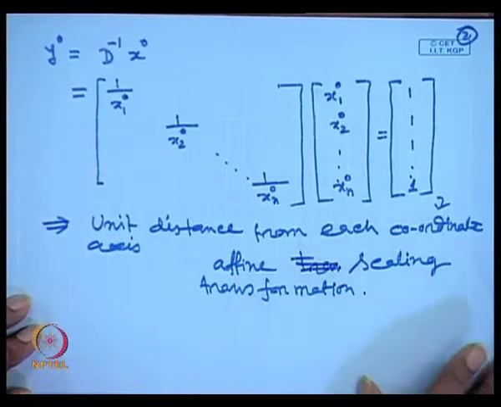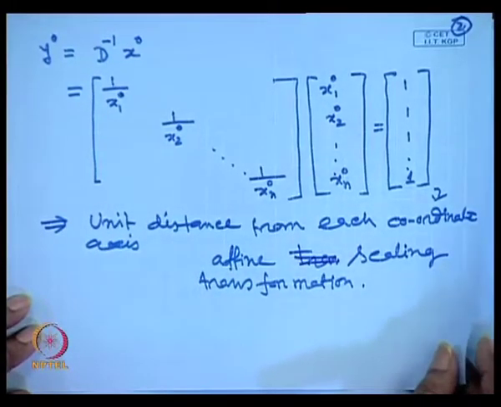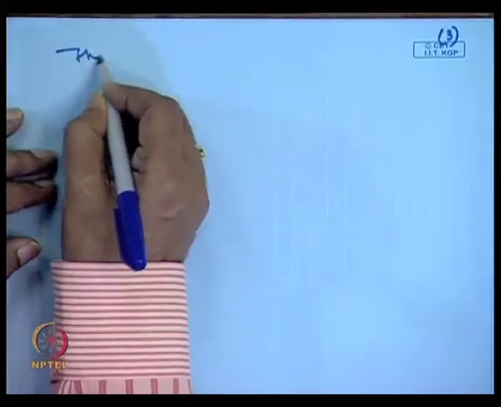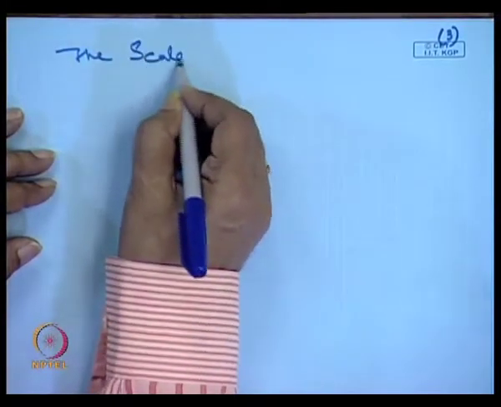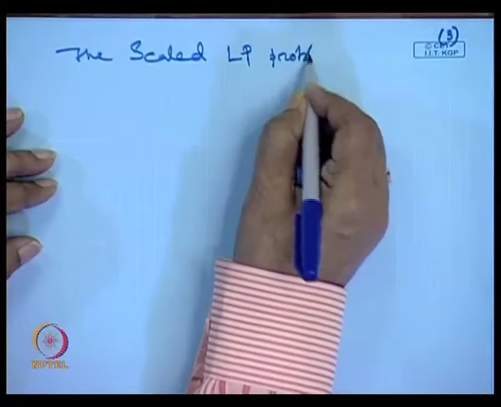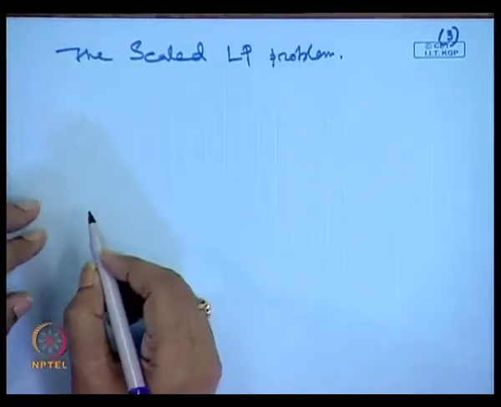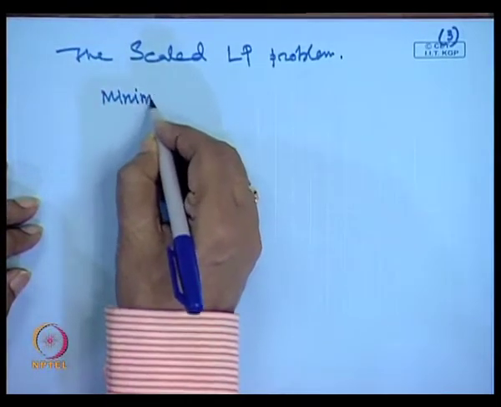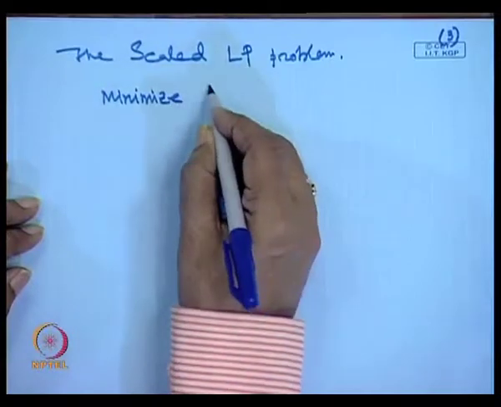So, now what is the scaled LP problem? The original problem was that one. Now, we have made the transformation. Now, we will say what our scaled LP problem is. The scaled LP problem is: minimize f of x.